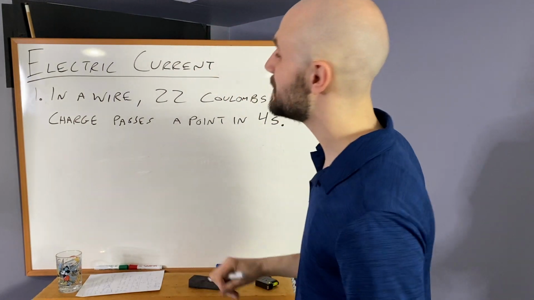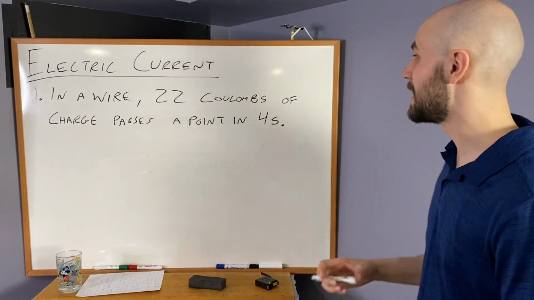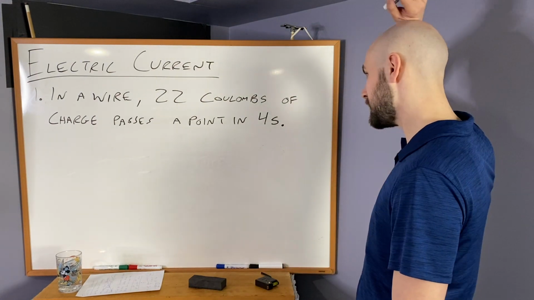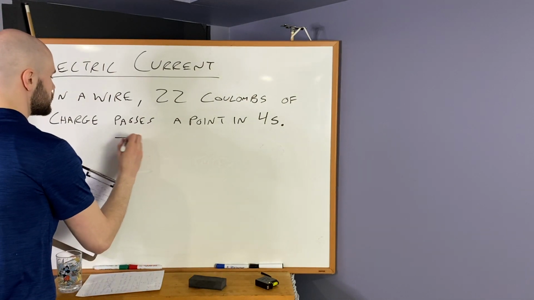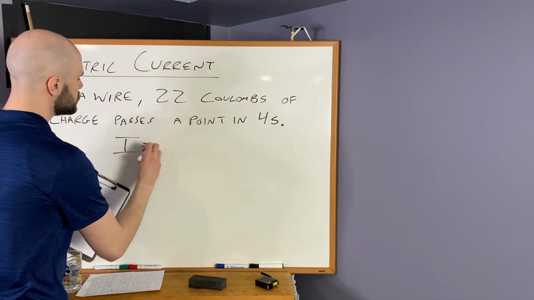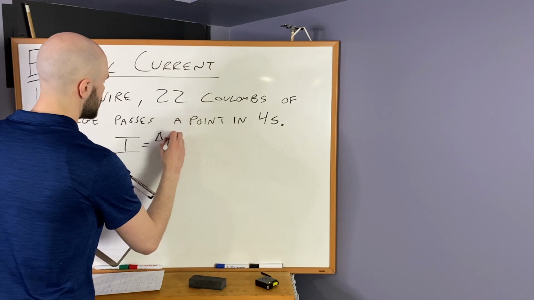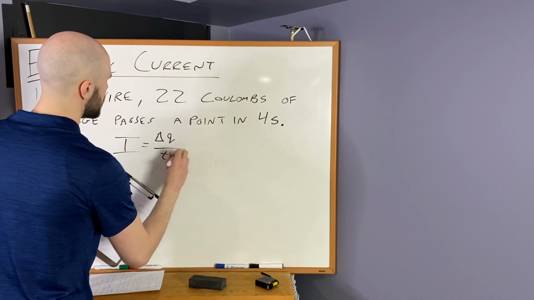We want to determine the current flowing through this wire. 22 coulombs of charge pass a point in 4 seconds. So, using our equation, capital I for current, we can determine the amount of charge passing every second.